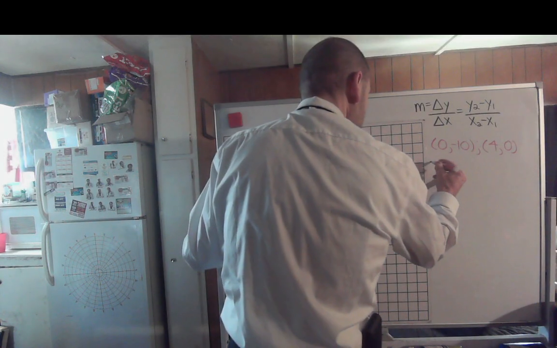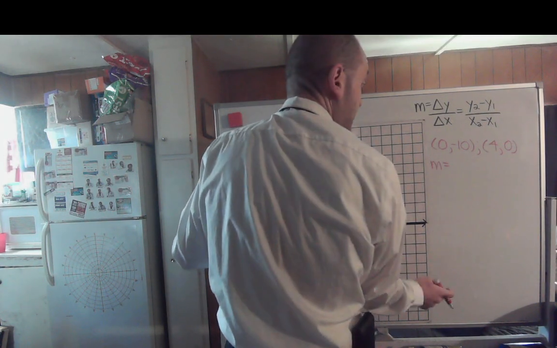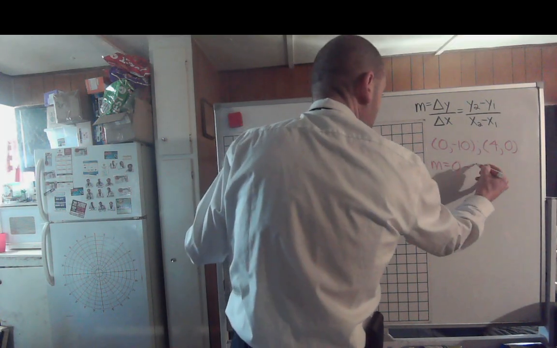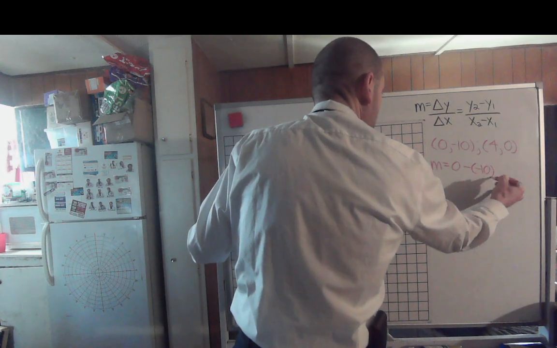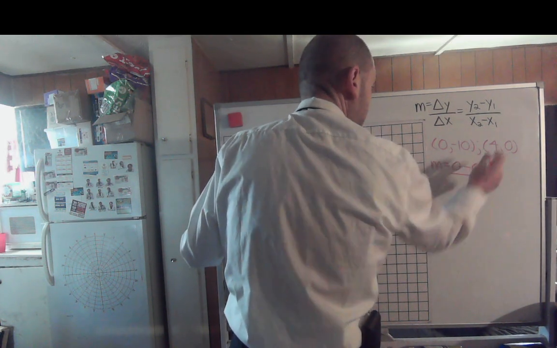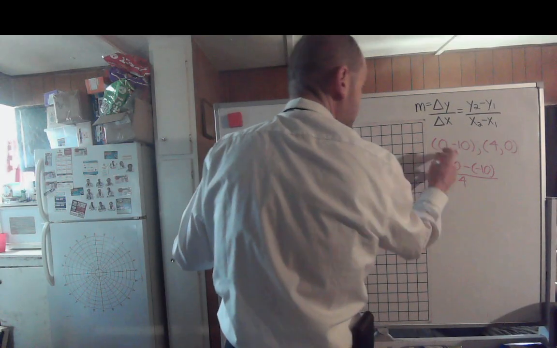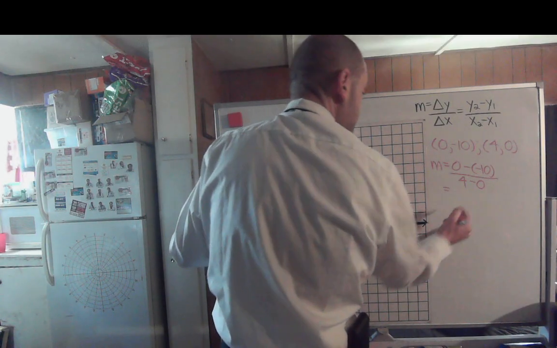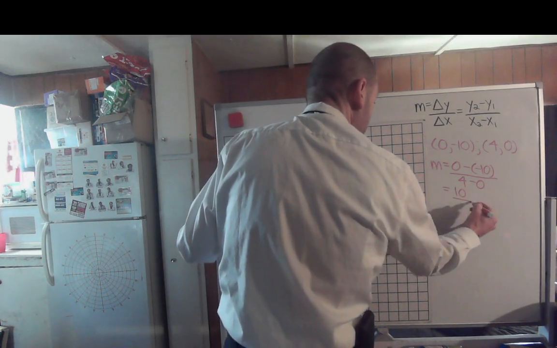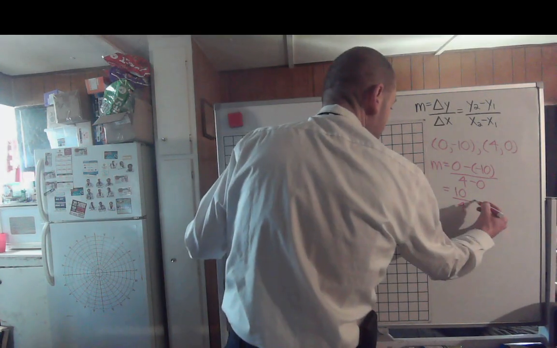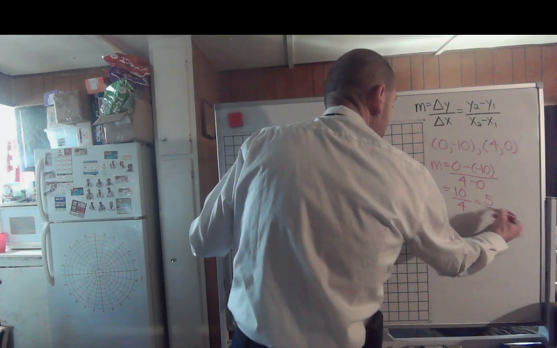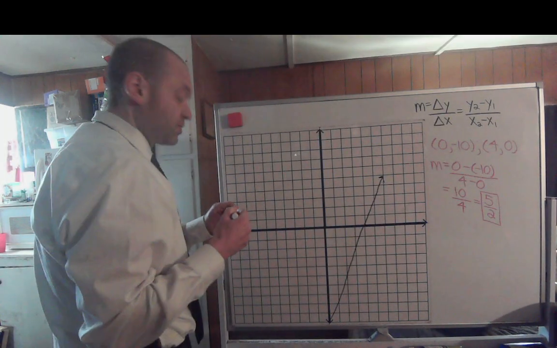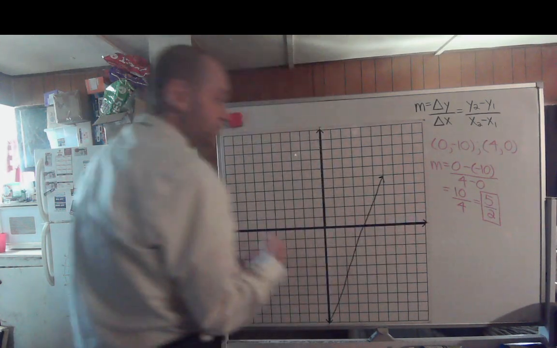Well, the slope is your second y coordinate of 0 minus your first y coordinate of -10, all over your second x coordinate, 4, minus your first x coordinate, 0. So 0 minus -10 gives you 10 over 4, which would be 5 halves. So the slope of the line from (0, -10) to (4, 0) is 5 halves.